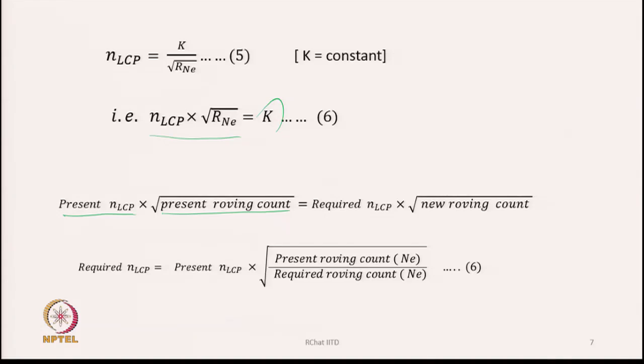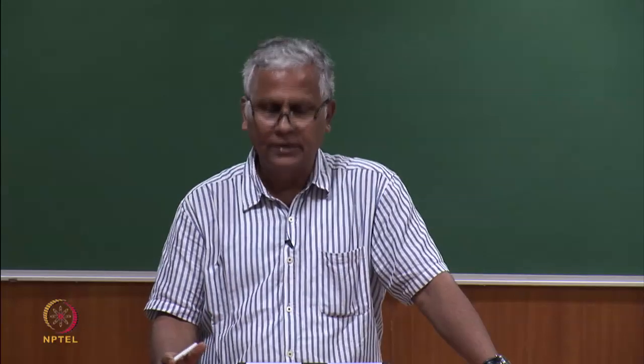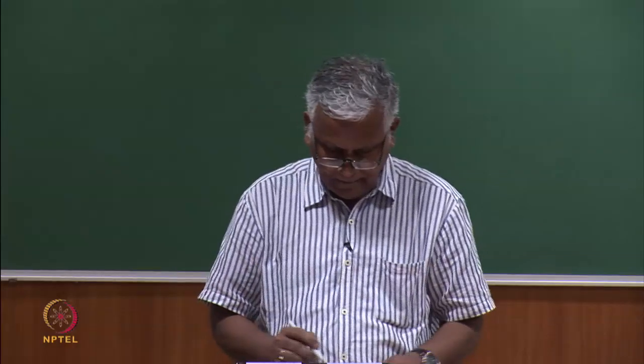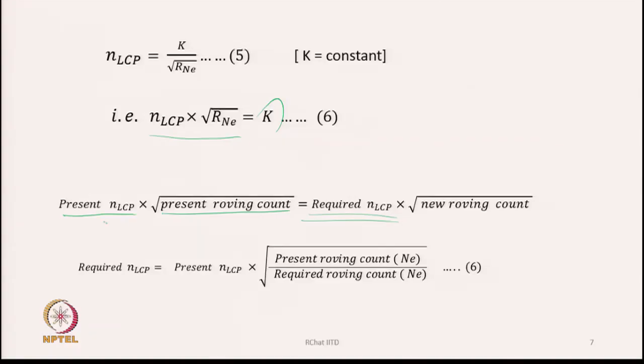So, we can write this, and from there we are interested in what is going to be my required NLCP, required number of teeth in the lifter change pinion. So, that is going to be present number of teeth in the lifter change pinion into square root of ratio of present roving count in NE divided by required roving count in NE.